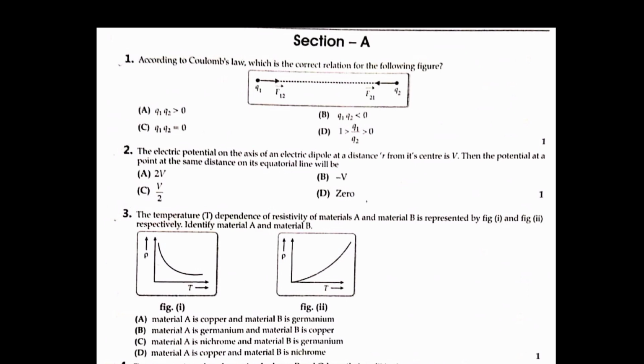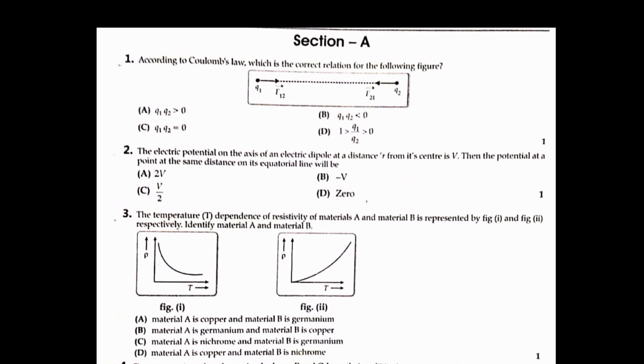The question is, the temperature T dependence of resistivity of materials A and material B is represented by figure 1 and figure 2 respectively. Identify material A and B. Here we can see two diagrams showing the temperature dependence of resistivity of two materials, and by using these diagrams we have to find which are material A and material B. The options are: A, material A is copper and material B is germanium.